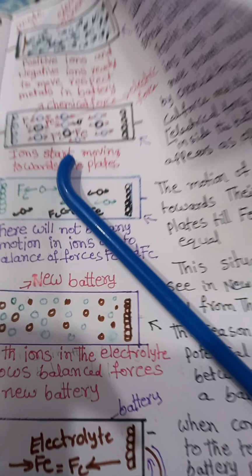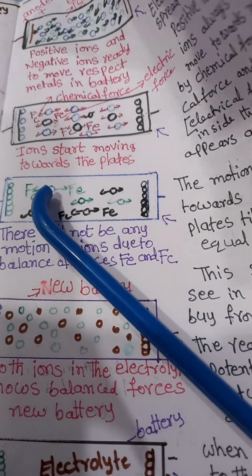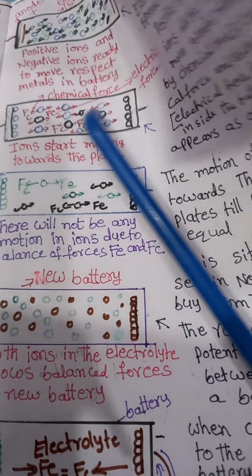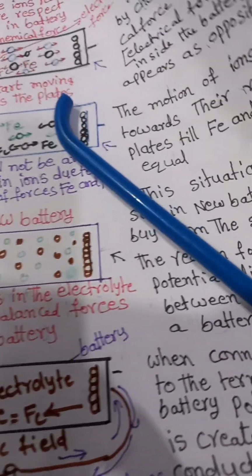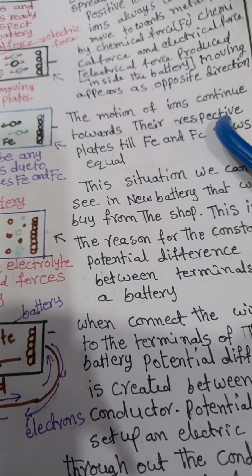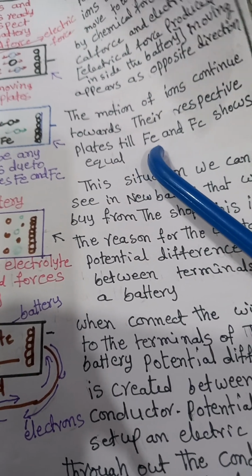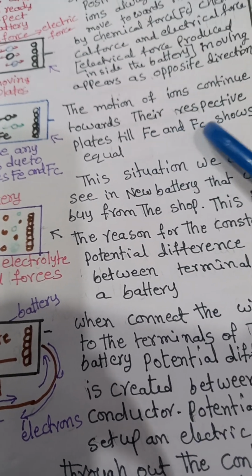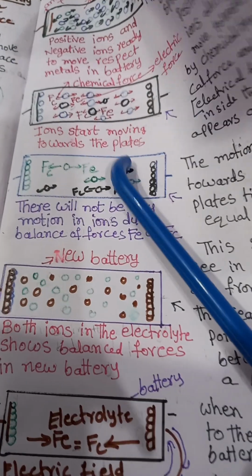So here the ions start moving towards the plates. The motion of the ions continues towards their respective plates till the electric force and the chemical force become equal.